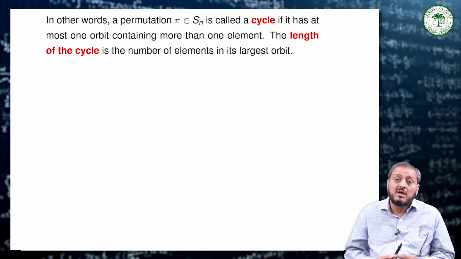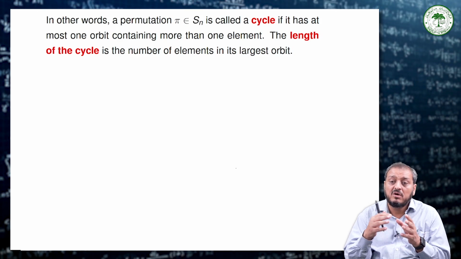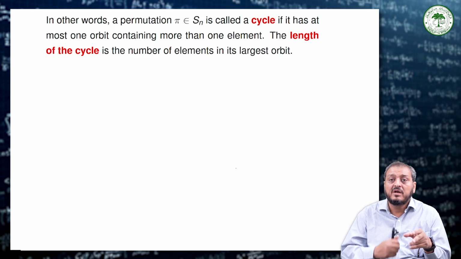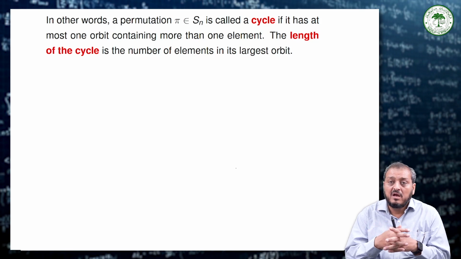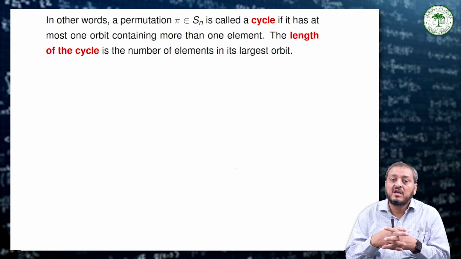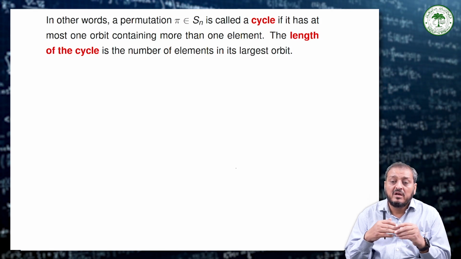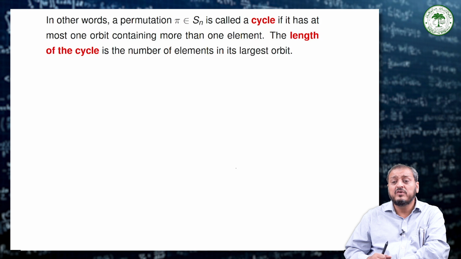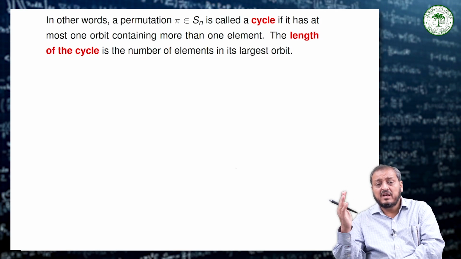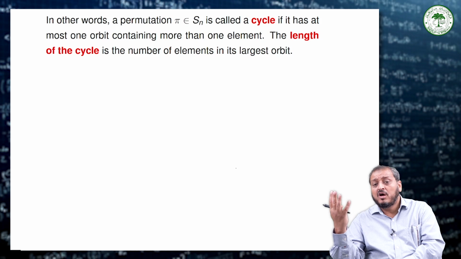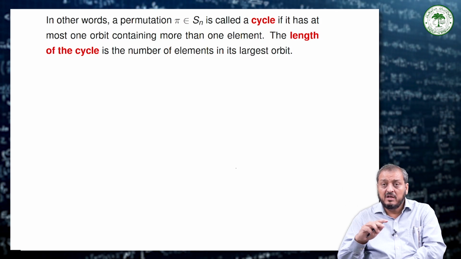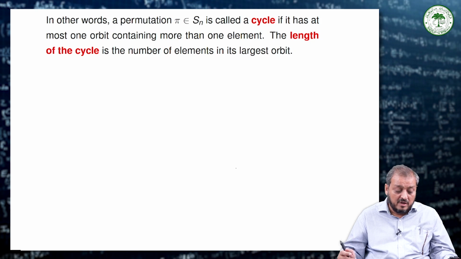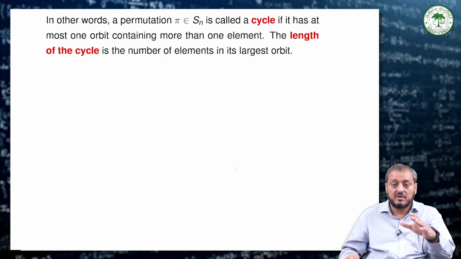In other words, a permutation pi belonging to Sn is called a cycle if it has at most one orbit containing more than one element, and the length of the cycle is the number of elements in its largest orbit.